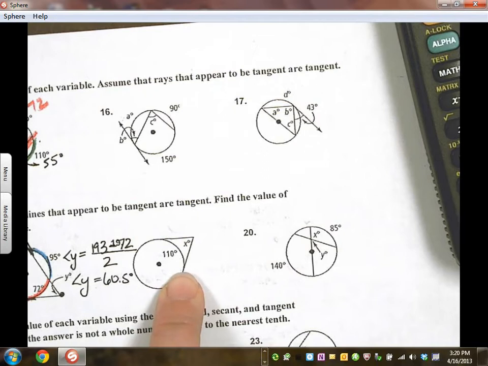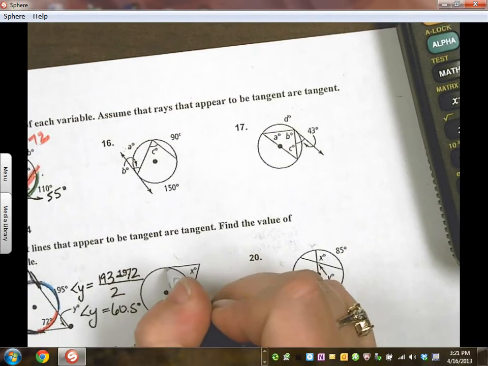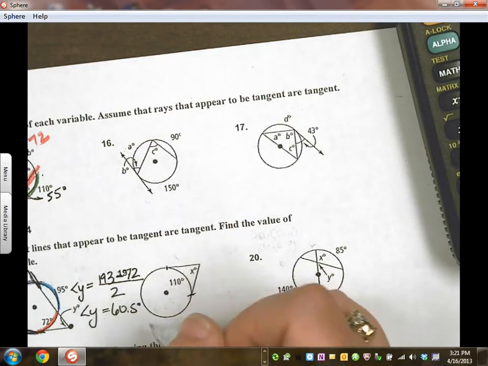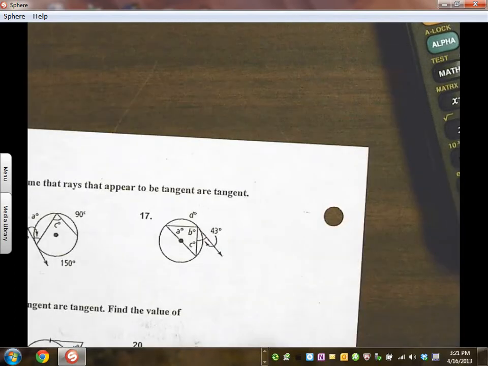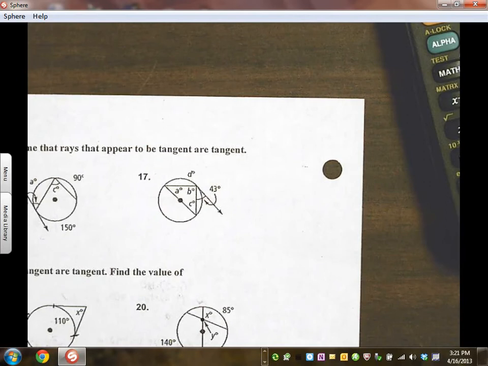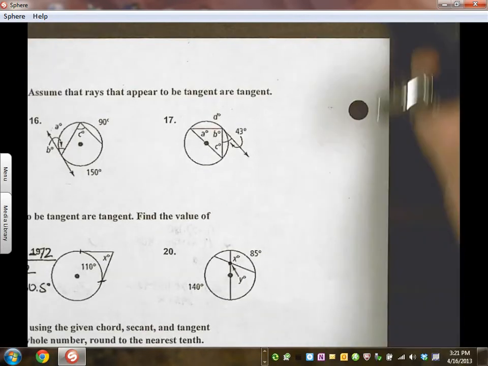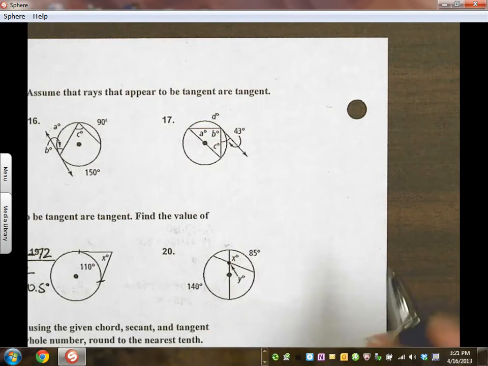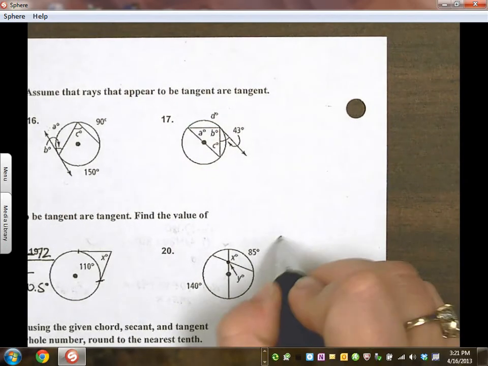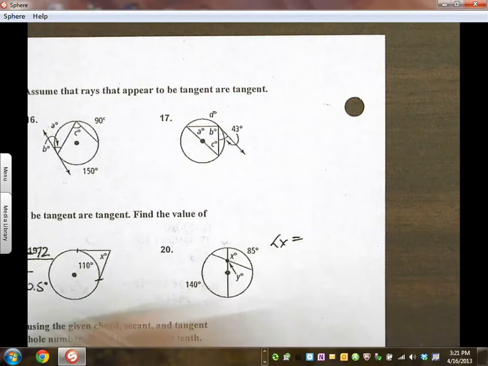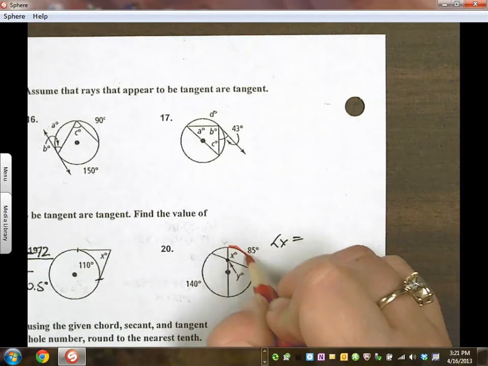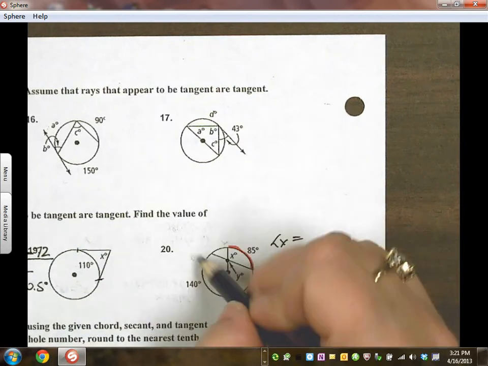Same kind of problem here, except that arc is a tangent, and I know this much of it's 110. What's the whole circle? Notice that my vertex here is in the circle. This is that type of problem I was talking about earlier when the vertex is in. It's not on the center or on the side. It's inside. And I'm going to find angle X first. It intercepts this and this.